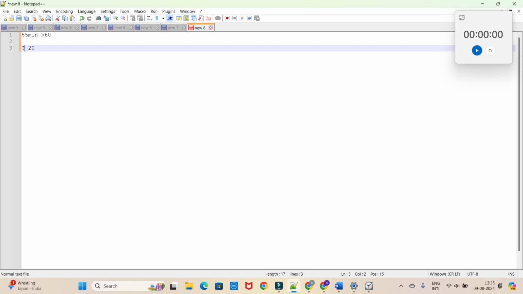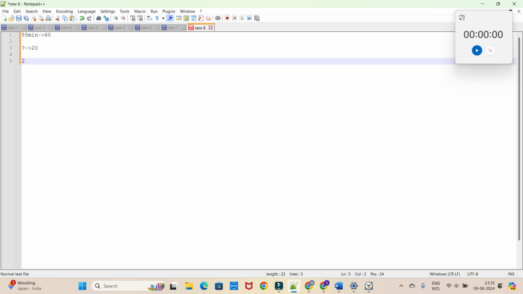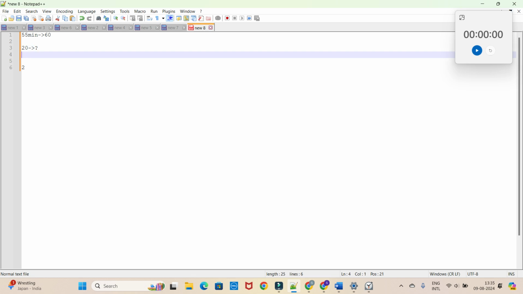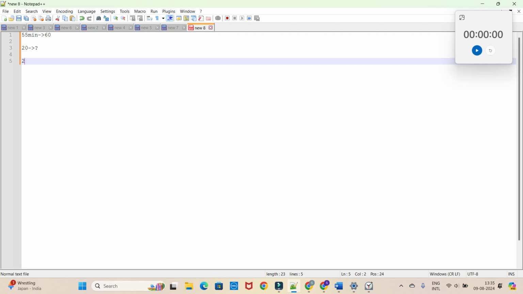So we need to find what the time is for 20 minutes gained. For that we just need to do 20 into 60 by 55, that is equal to 21.